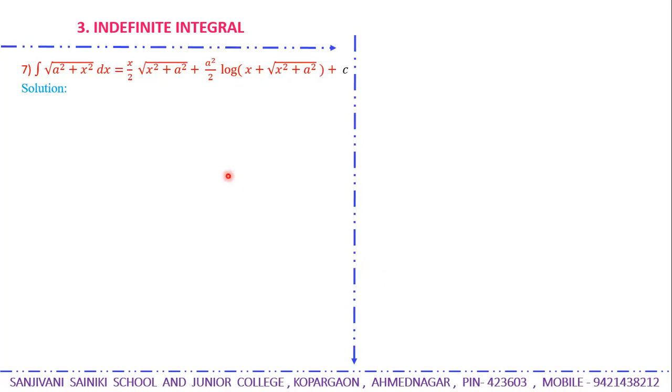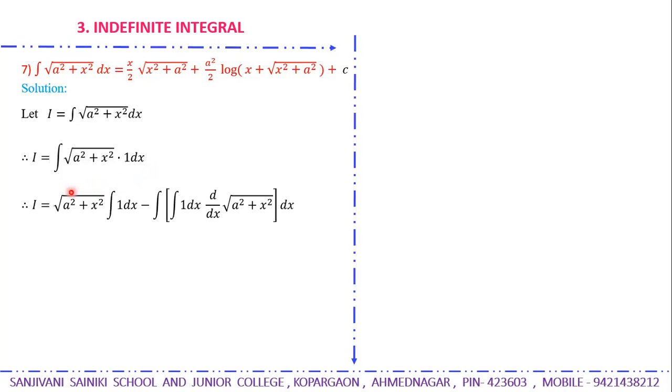Now this is the next proof. Root a square plus x square, its integral is given by integration of root a square plus x square into 1 dx. So I is equal to integration of root a square plus x square into 1 dx.